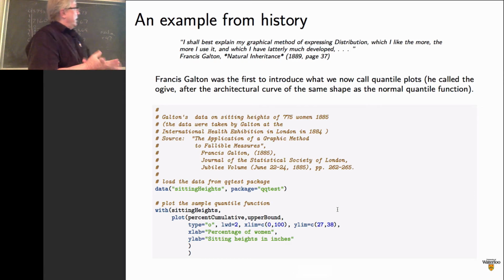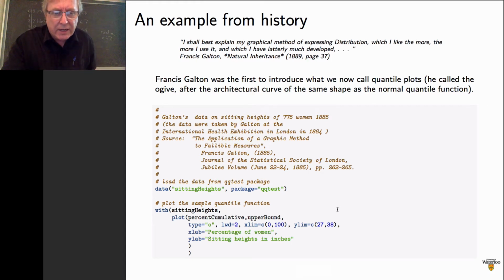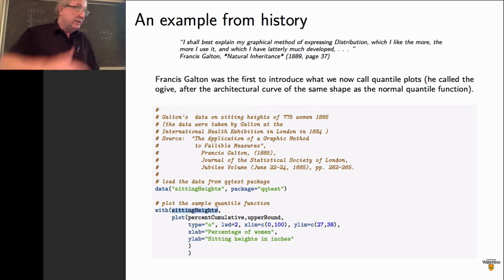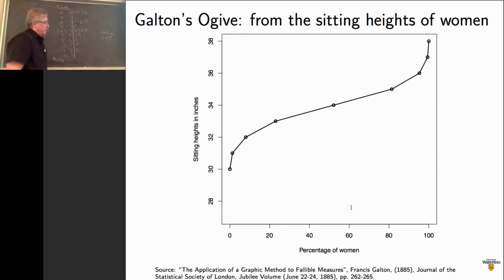This was first invented by Francis Galton in the 19th century, and he was looking at a World's Fair in London, looking at various measurements on human beings: their grip strength, the height, their sitting height, etc. Women had their sitting height measured in London, and he produces this plot.